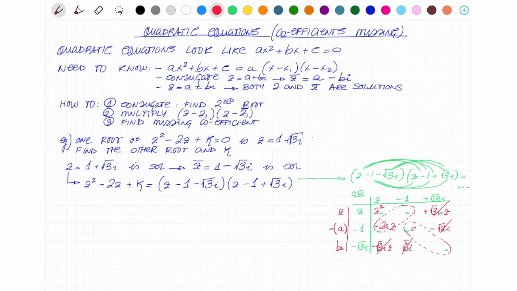This is going to be turning into an A squared, and this, it's B squared, and it's going to be a positive because of the i squaring itself. So instead of doing all of this, I can simply remember that when I do all of that, I'm going to have one very specific pattern every time. That's going to give me Z squared minus 2AZ plus A squared plus B squared.